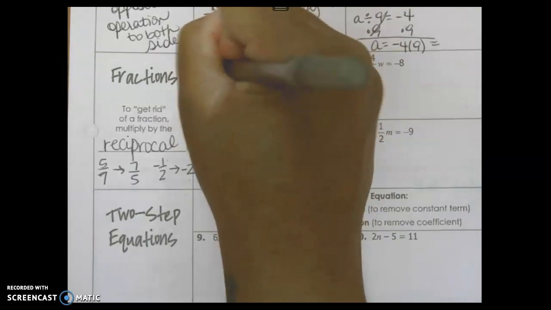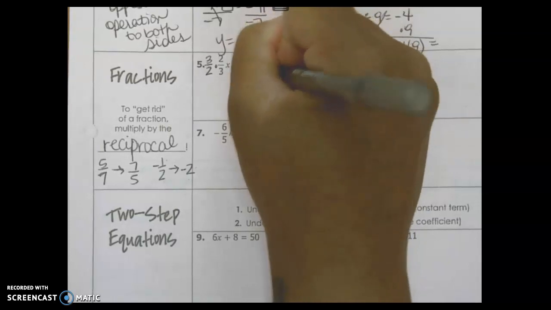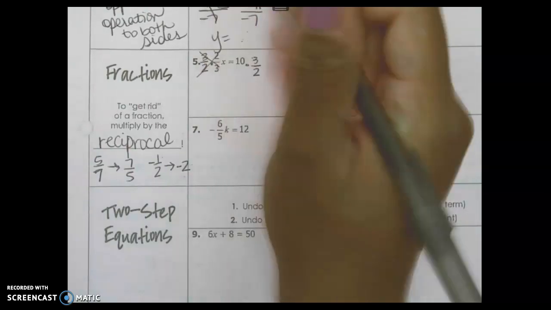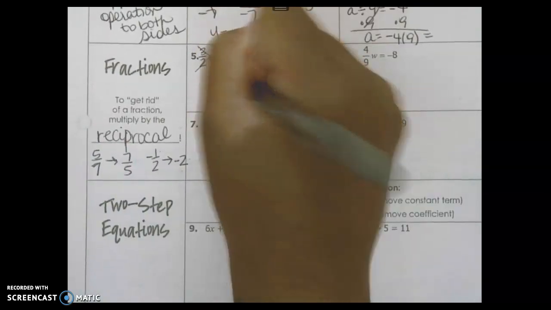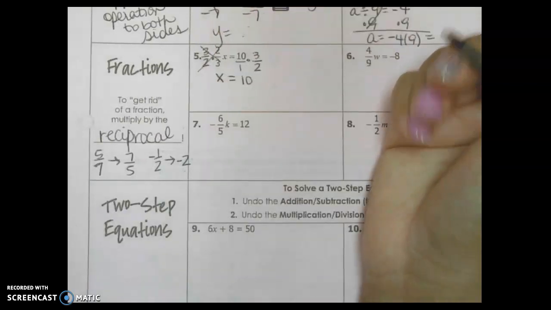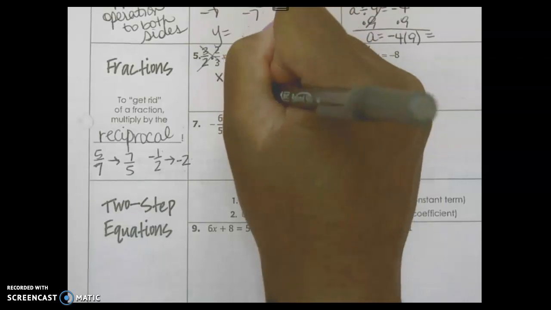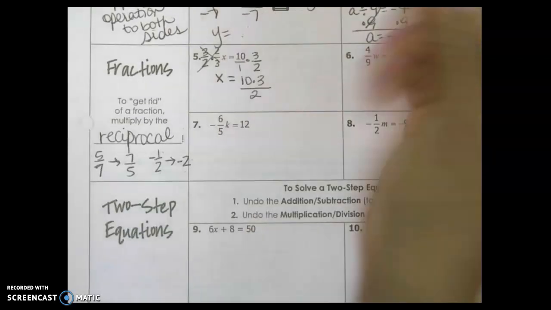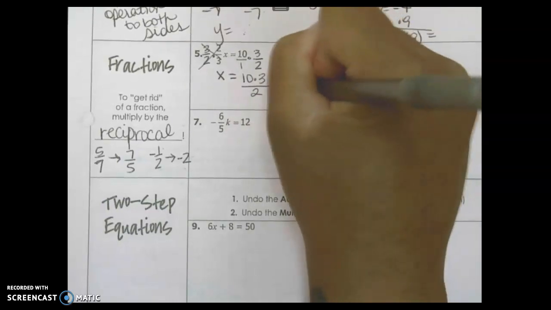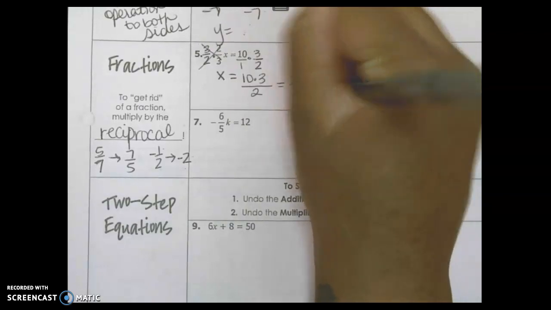You're flipping the 2/3. You're multiplying by 3/2. So these 2's cancel out, this 3 cancels out, and you're left with x equals 10. This 10 is over 1. So it's 10 times 3 over 2 times 1, which is just 2. 10 times 3 is 30 over 2, which equals 15. That's half of 30.